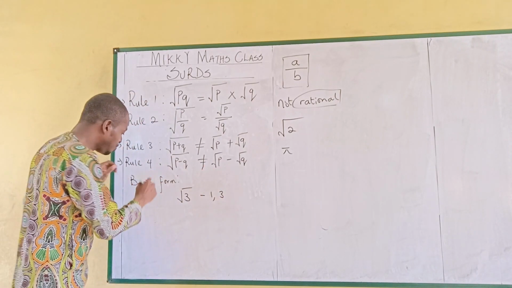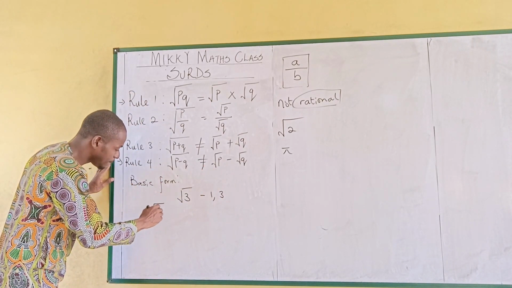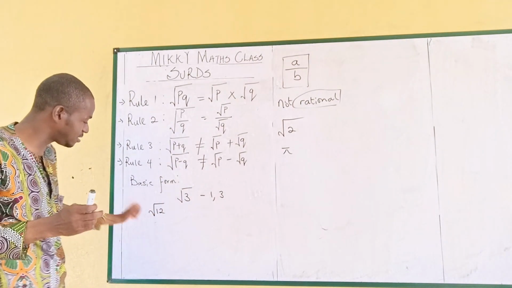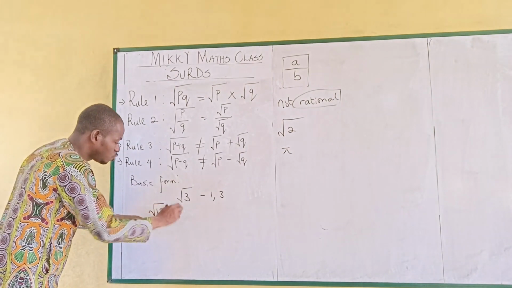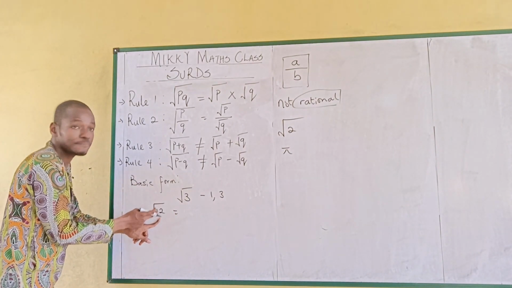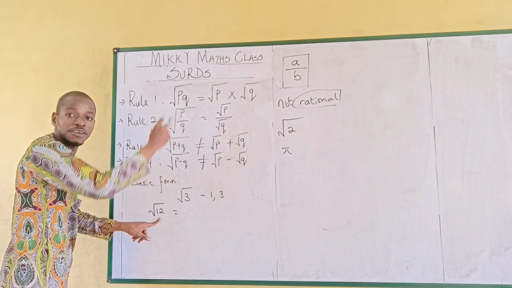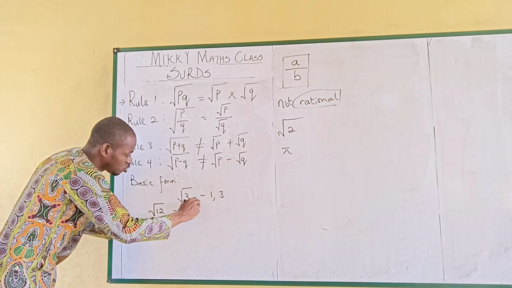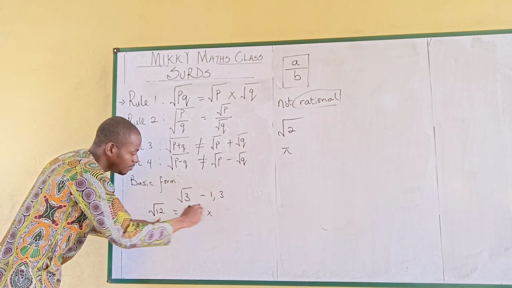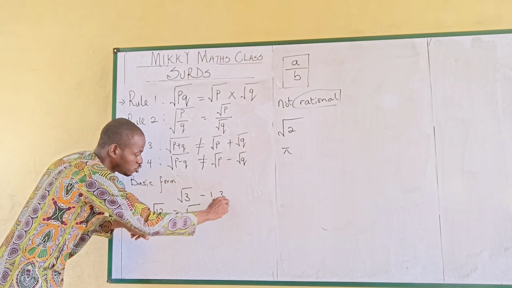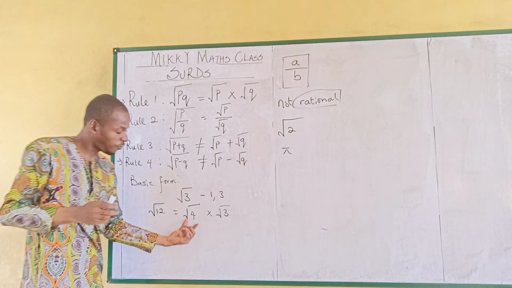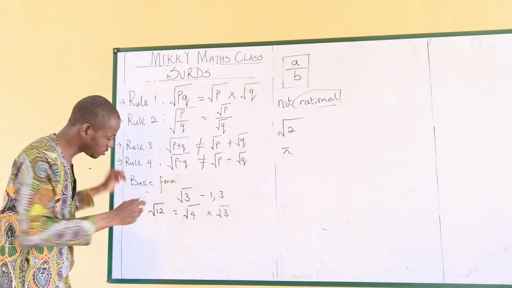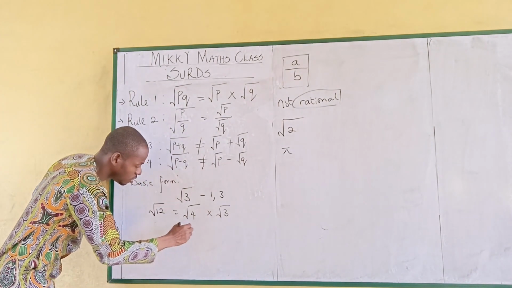For example, root 12 is a surd that is not in its basic form. Why? Because root 12, I can split it using the first rule. I can split it to be root 4 times root 3. The square root of 4 is what? 2.